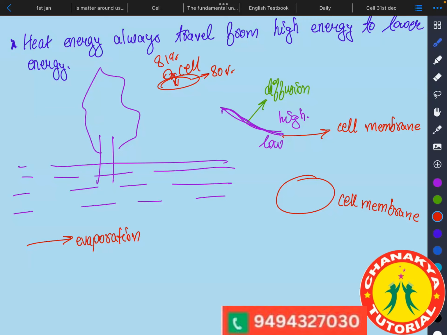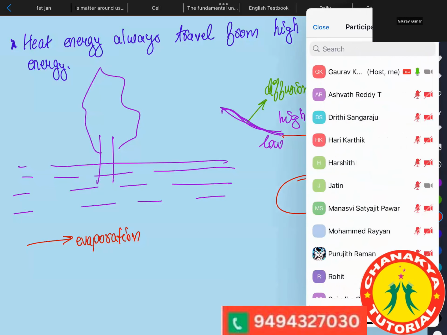That's why it is absorbed very slowly, and it will take hours. As a whole we are 70% water, but it is not necessary that each cell will have this high concentration of water. Okay, sir, thank you.